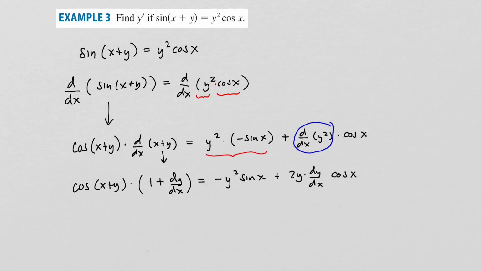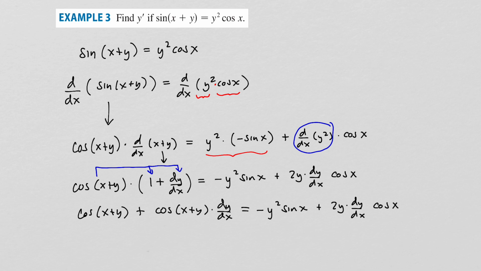Now we need to solve for dy/dx, but before we do that, it's very important that you see this here. This cosine of x plus y is multiplied to both of these, so you have to distribute that. So we have the cosine of x plus y times 1, which is cosine of x plus y, plus the cosine of x plus y times dy/dx. And then the right-hand side is the same.